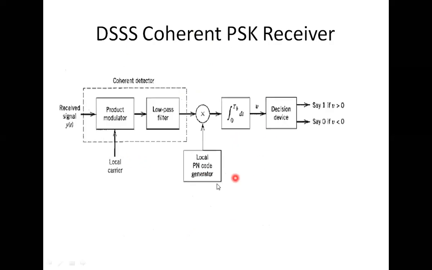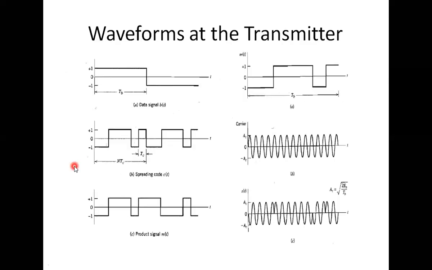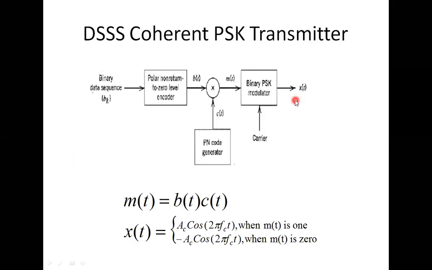So this is the block diagram of the direct sequence spread spectrum coherent PSK receiver. As I said, first we have a demodulator, that is a coherent detector. The received signal is Y of t. To start with, let us assume that Y of t is the same as X of t.